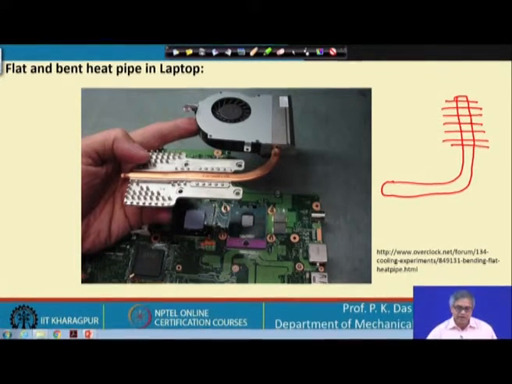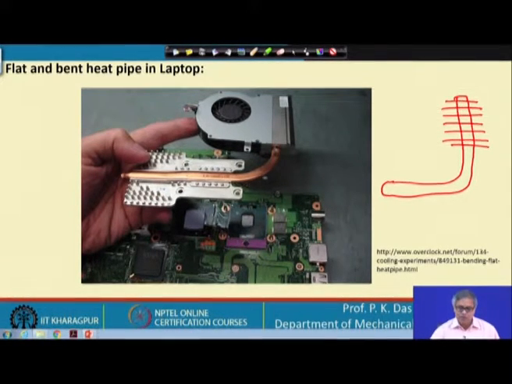For that we have a fan over here, the fan of your laptop, and from the fan the air will come, take up the heat and come out of the laptop. On this side we have something called a spreader, which will collect the heat and bring it to the evaporator.